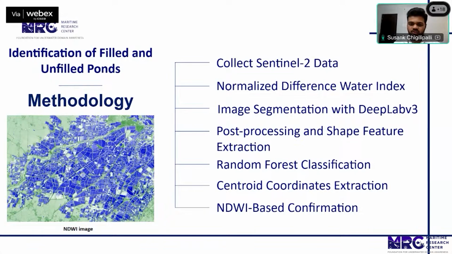We use these shape features to train the random forest classifier. This classifier helps us to distinguish between aquaculture ponds and natural ponds with good accuracy. Once classified, we extract the centroid coordinates of each pond. This involves identifying the latitude and longitude of the centroid, providing precise location data.